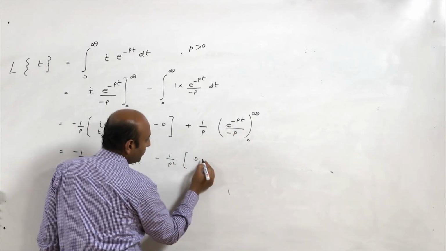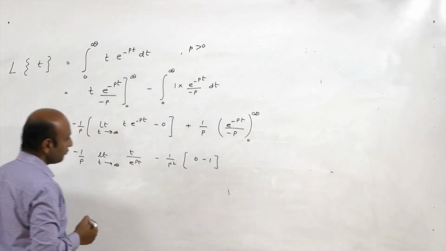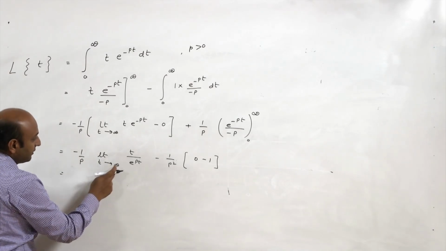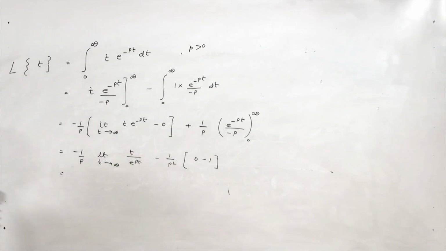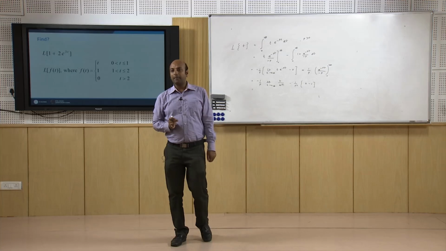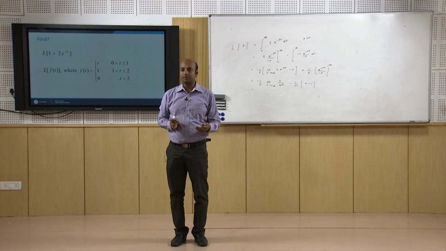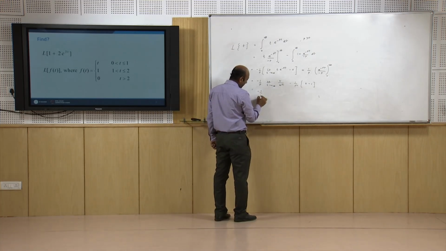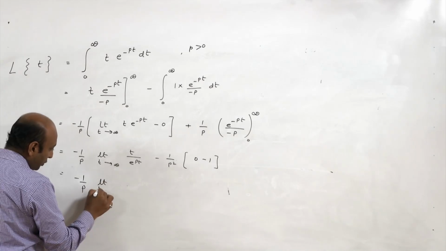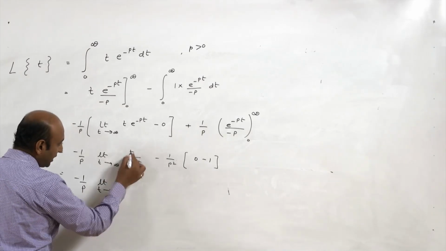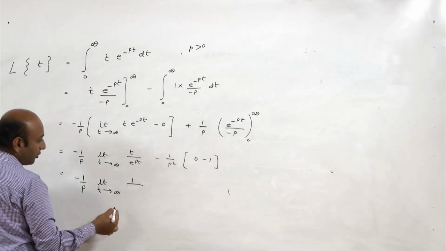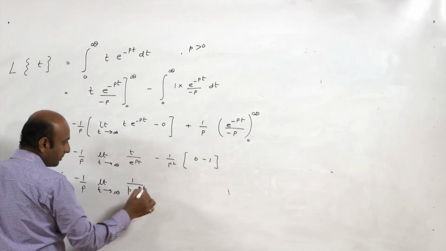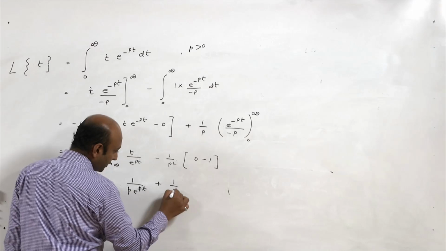So it is 0 minus 1, and as t tends to infinity, this is infinity upon infinity form because p is positive. So we can apply L'Hospital rule to find this limit. So this is minus 1 by p; when we apply L'Hospital rule, it is derivative of the numerator 1, derivative of denominator is p e to the power pt, minus minus plus 1 by p square.